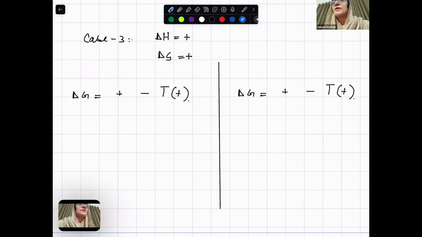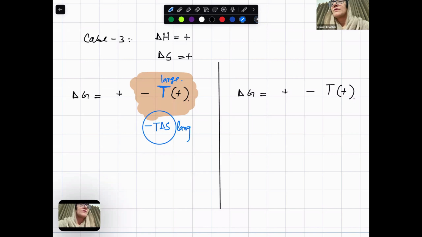If the temperature is large, this whole factor, minus T delta S, is large negative as compared to positive delta H, so the overall delta G is negative.